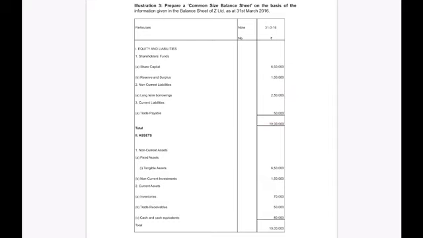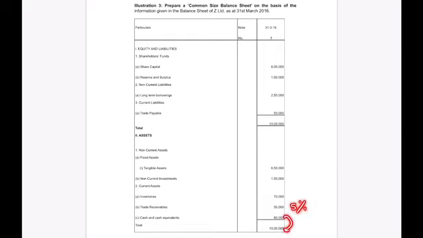In the same way, let us deal with the items on the assets side. 6 lakh 50,000 is what percent of 10 lakh? 65%. 1 lakh 50,000 is what percent of 10 lakh? 15%. 70,000 is what percent of 10 lakh? 7%. 50,000 is what percent of 10 lakh? 5%.